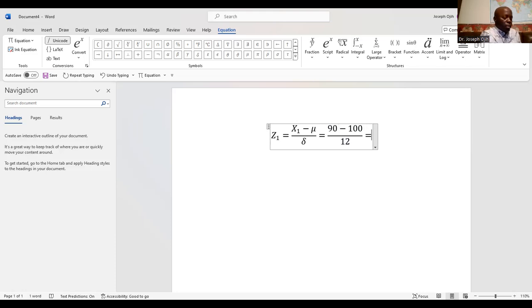Okay. So I got z1 equals 90 minus 100 divided by 12. So let's put it on the calculator.